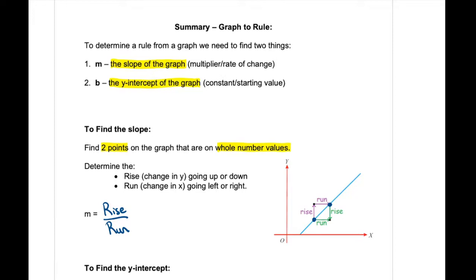Essentially, we were looking at rise over run, and in every scenario, the run was 1 because we were looking at the change of one position. So now this rise over run formula allows us to find the slope or the multiplier for any 2 points on a graph. And we'll look at an example of how that's used.